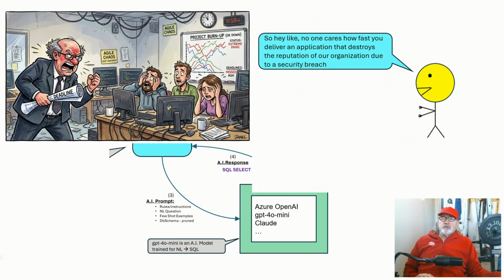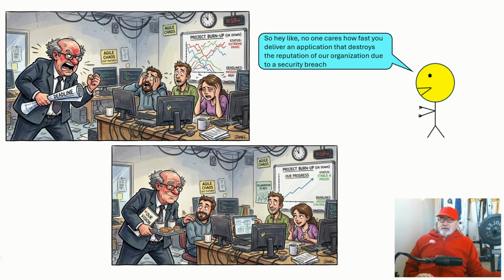Of course, you talk to the senior management and you tell them, no one cares how fast you deliver an application that destroys the reputation of our organization due to a security breach. Okay, great. So we've won everyone over. Now we're ready to proceed.